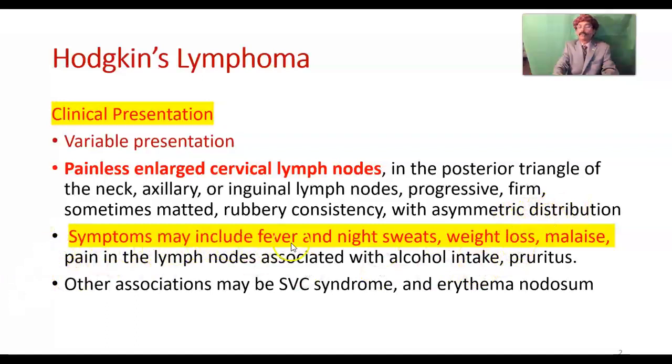Symptoms may include fever, night sweats, weight loss, malaise, fatigue, and pain in the lymph node associated with alcohol intake, even after a shower. There may be pruritus because of a high eosinophil count. Other associations may be superior vena cava syndrome and erythema nodosum.